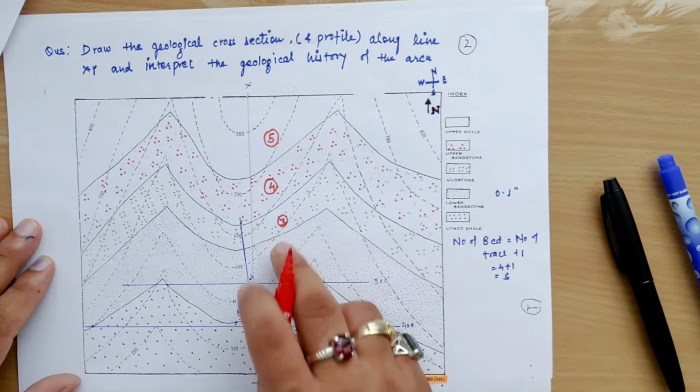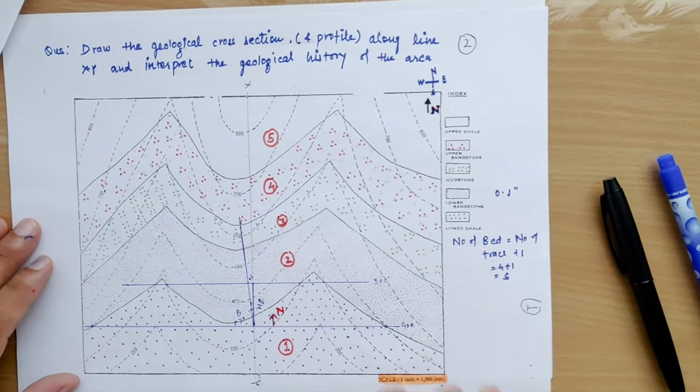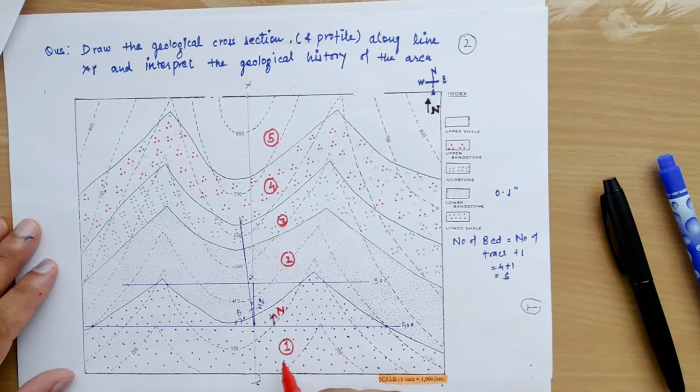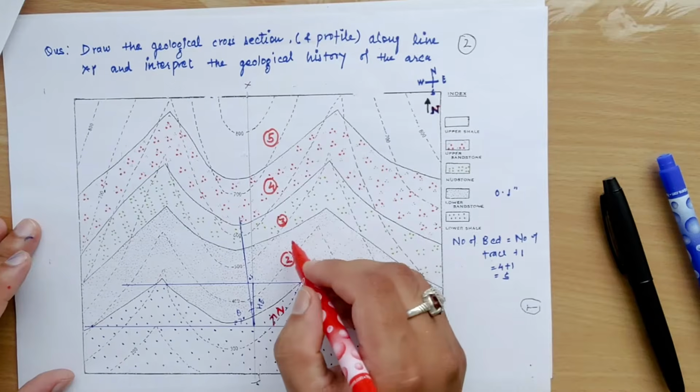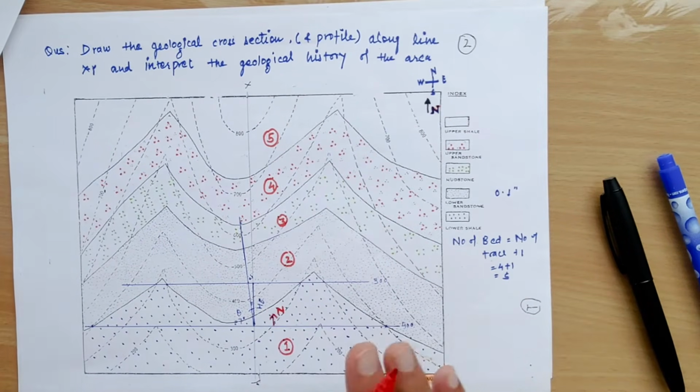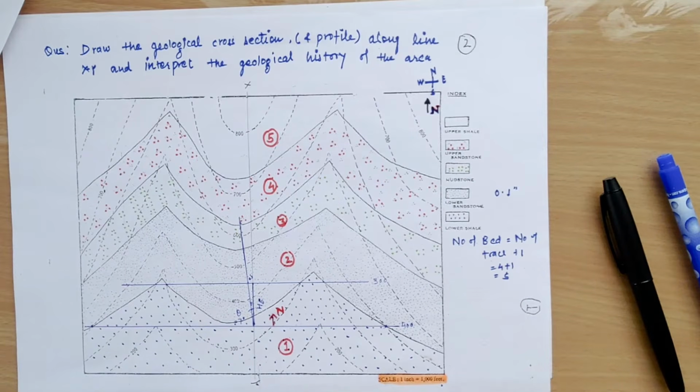So now we have got 5 beds, and we have also got the relative ages of the beds. This bed is the oldest bed and this bed is the youngest bed, right? So now we have interpreted the age of the beds and nature of the beds.